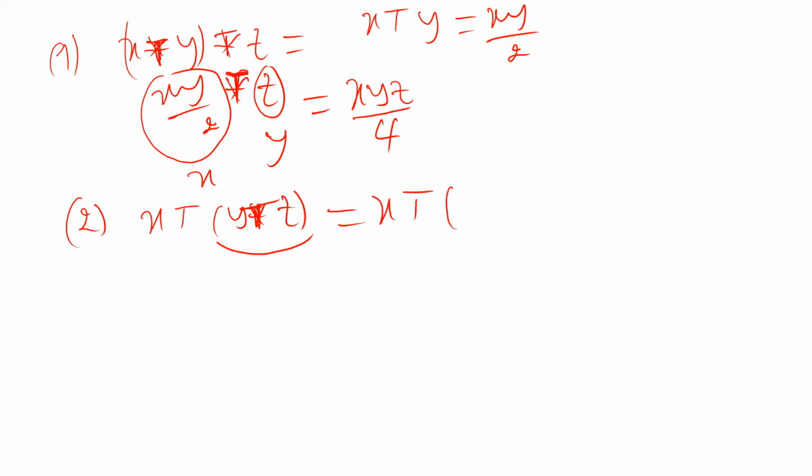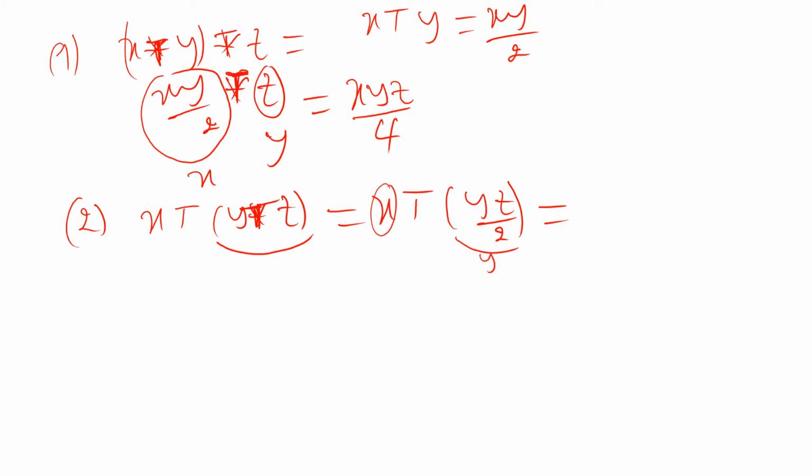Now it is yz over 2, which is equal to, applying the definition again, we maintain x, take this as x, then take everything else as y.